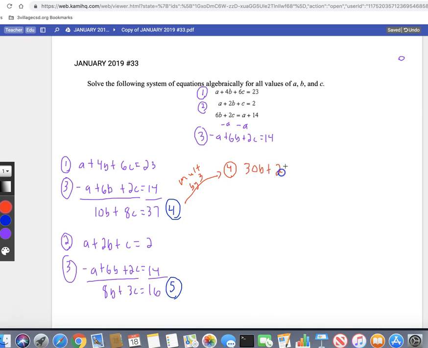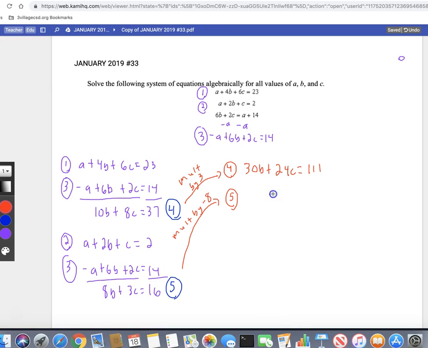So we would then get 30b plus 24c is equal to 37 times 3, which would be 111. And then for equation 5, to get the same coefficient for c, but negative, we can multiply by negative 8 so that this coefficient for c would become negative 24.